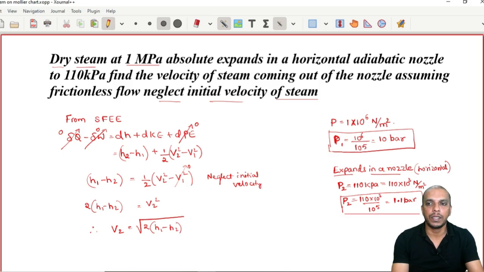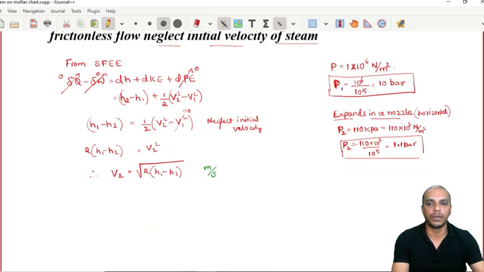And remember, we want the unit of velocity to be in meter per second. So, to get the velocity in meter per second, we are supposed to substitute enthalpy in joule per kg. Very important, because we can rewrite joule per kg.